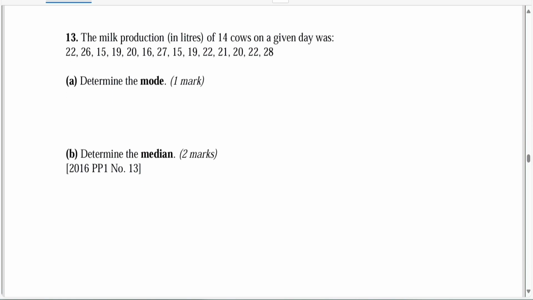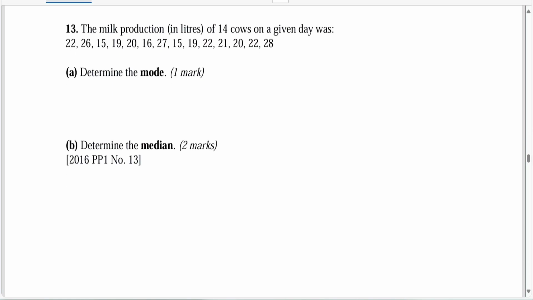Okay, this question does not require drawing a table, which is very easy. Determine the mode. The mode is the number which has the largest frequency.